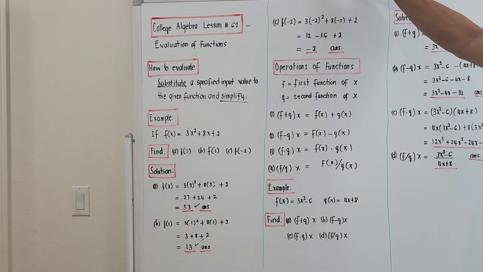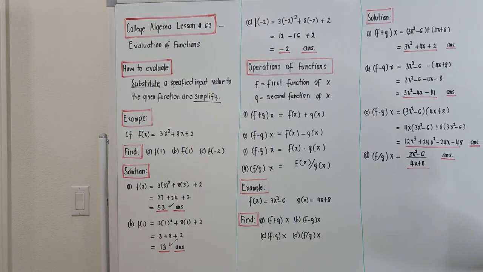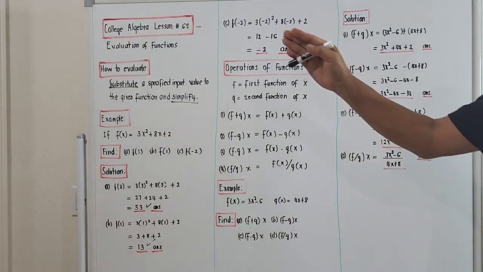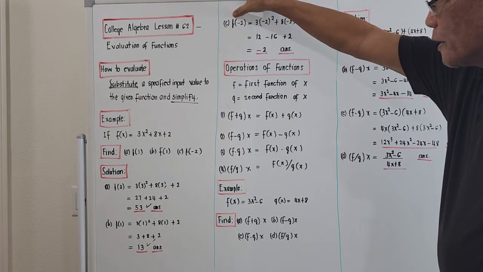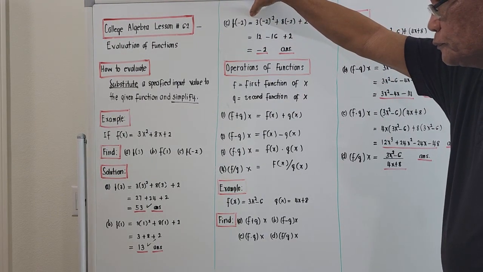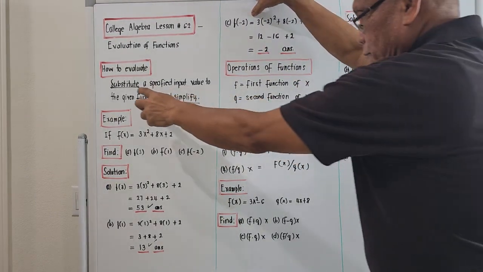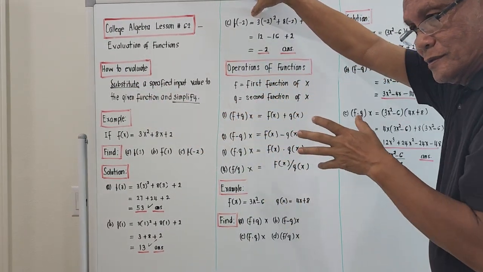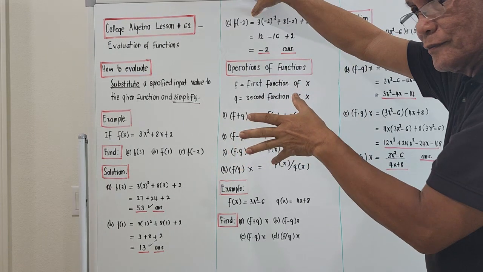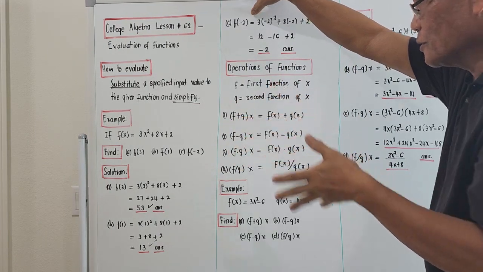Third requirement, what will be the value of the function when x assumes the value negative 2? So f of negative 2, we will substitute the value that is required when x assumes the value negative 2.